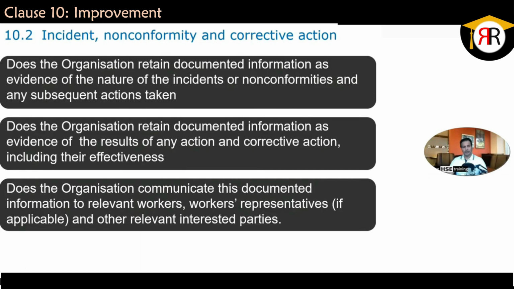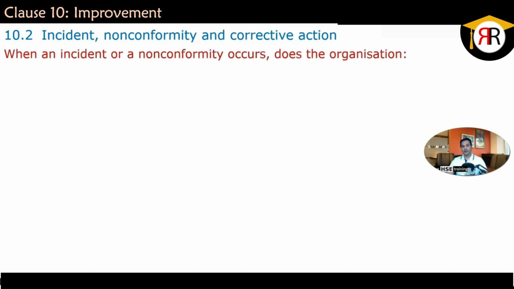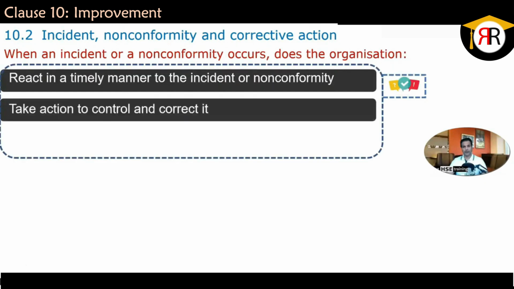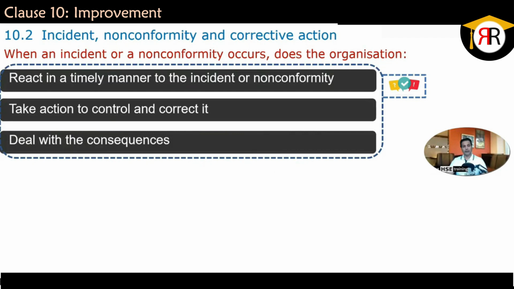Also, does the organisation communicate this documented information to the relevant workers or representatives or other relevant interested parties or stakeholders? When an incident or a non-conformity occurs, does the organisation react in a timely manner to the incident or non-conformity? Does it take action to control and correct it? And does it deal with the consequences?